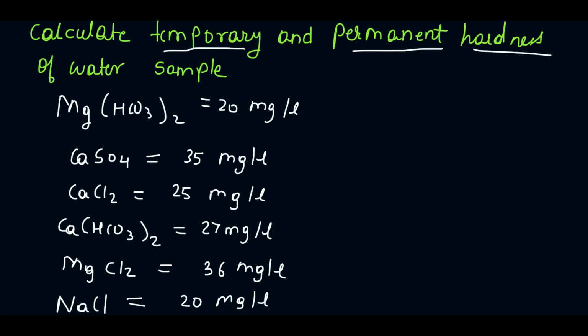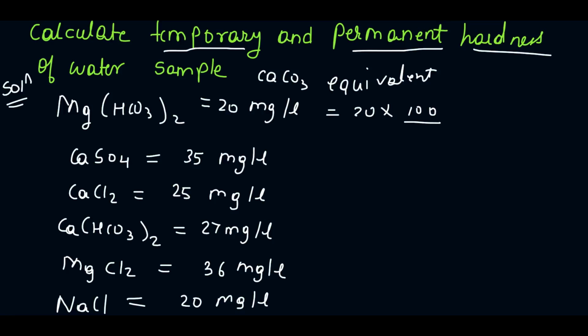So first of all, solution: convert all the terms into CaCO3 equivalent. That is, we have to multiply this 20 into 100 upon 146.